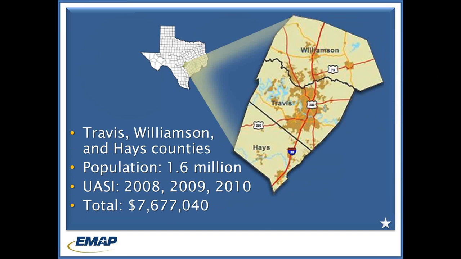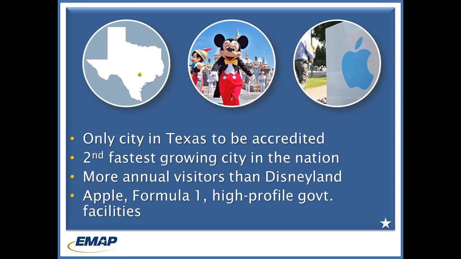The City of Austin is the first and only city in the state of Texas to become EMAP accredited. And we're the second fastest growing city in the nation. We are home to more than a dozen colleges, and the University of Texas is our largest university, and it's the 5th largest university. One thing that we're proud of is that we have about 19 million visitors each year to the area.